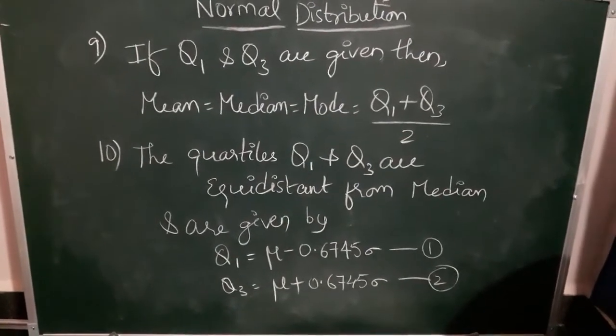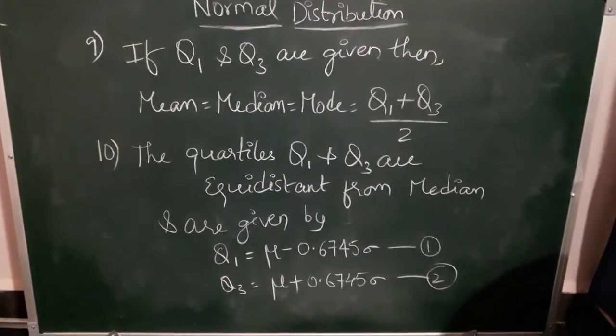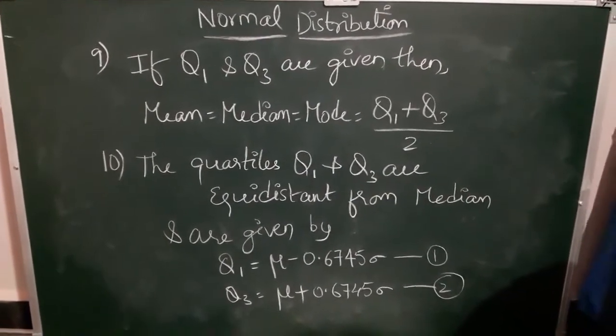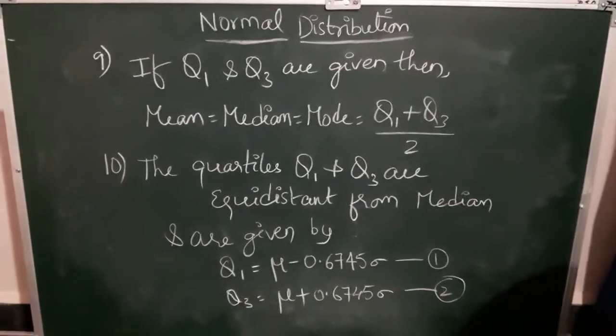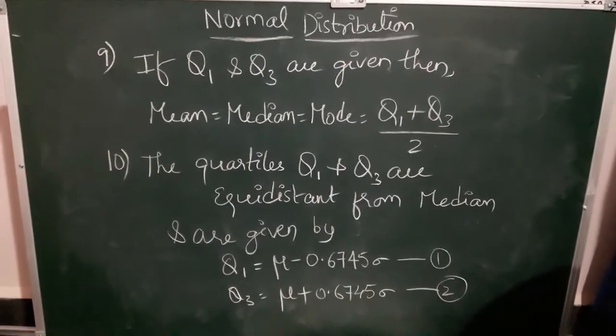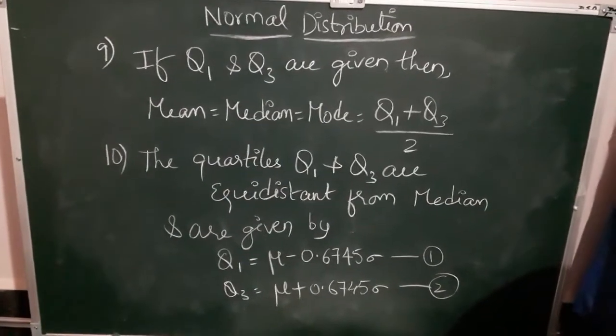So Q1 and Q3 are both equidistant from the median in a normal curve. The distance from the median to Q1 and from the median to Q3 are equal.